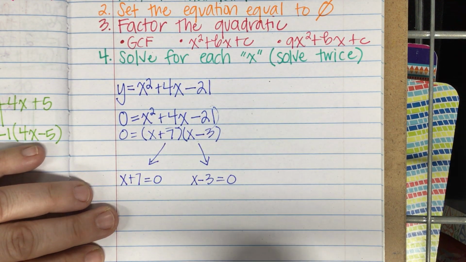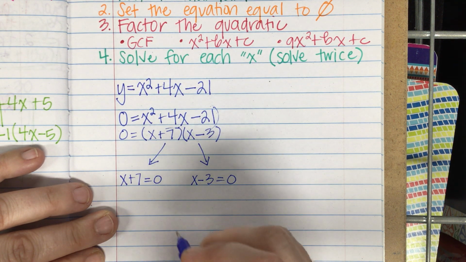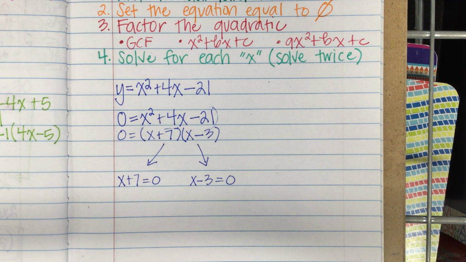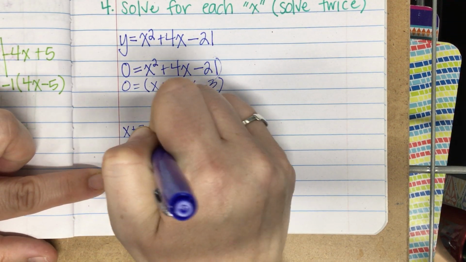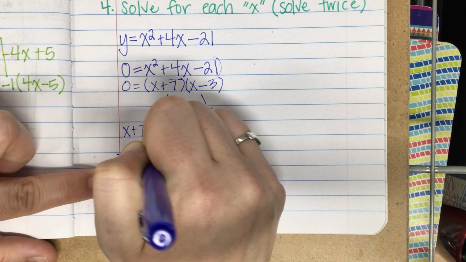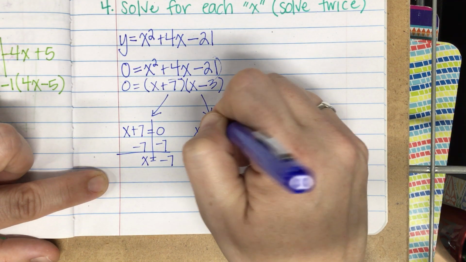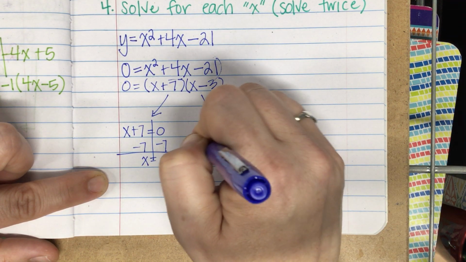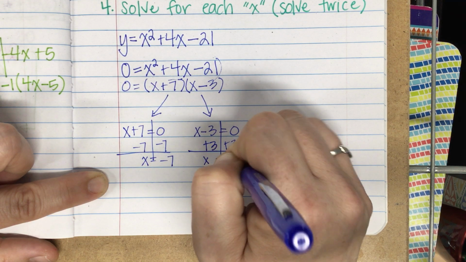Because hopefully this is mental math. My first x value is negative 7. And my second x value is positive 3.